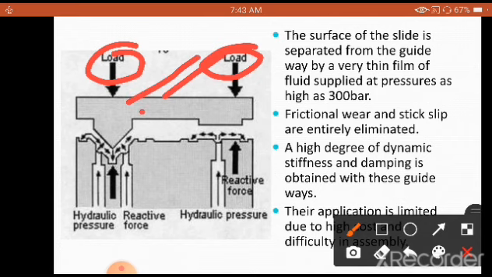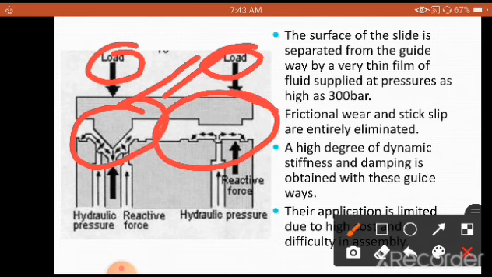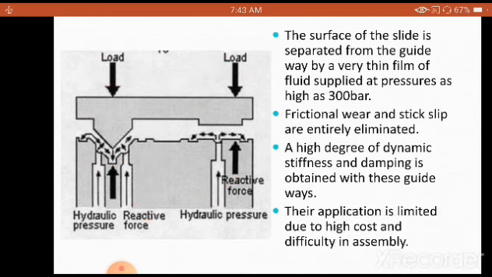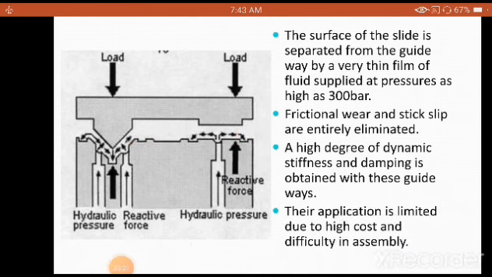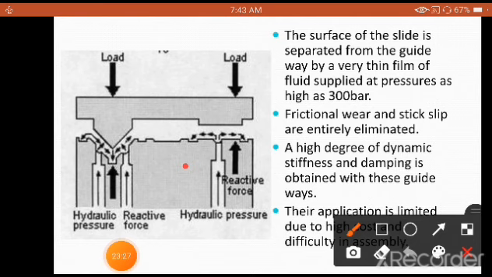Now you see the slots or the gap that is being provided, and see also how the oil is being pressurized in between this gap. Whatever the gap is there, that gap is filled with the help of pressurized oil at as high as 300 bar in between the stationary element and the moving element. This is the stationary element and this is the moving element.